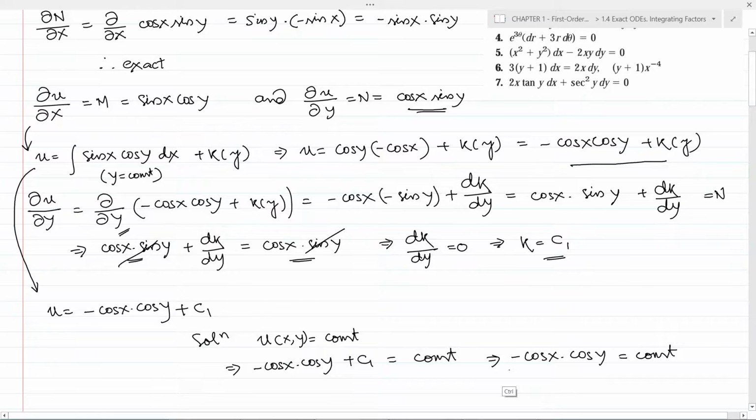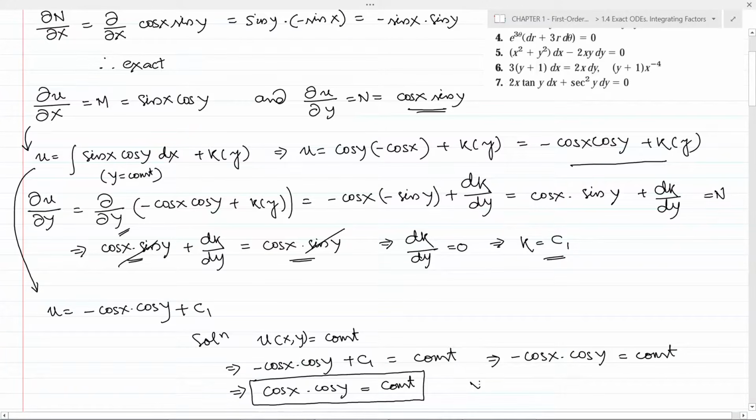We multiply minus 1 on the left and right hand side, and we obtain cos x cos y equal to constant, and this is the solution of the differential equation.